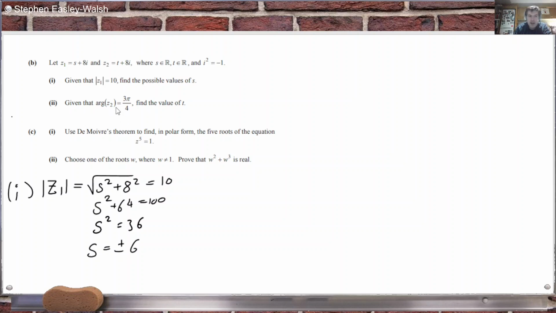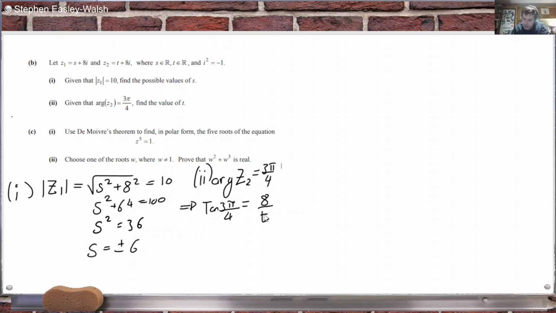And now the argument of Z2. Okay. So the argument of Z2 is equal to 3 pi over 4. So that would mean that tan 3 pi over 4 is equal to 8 over t, imaginary over real components.